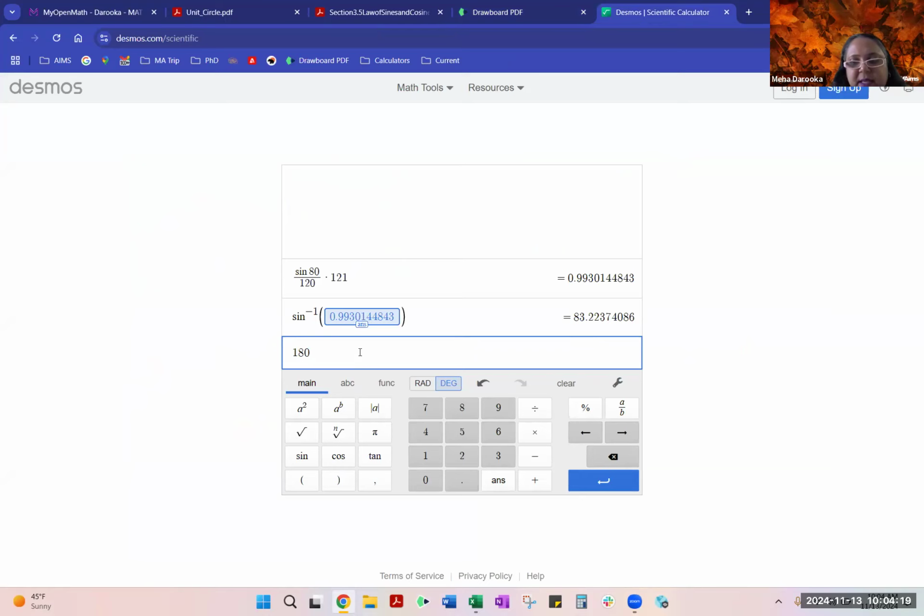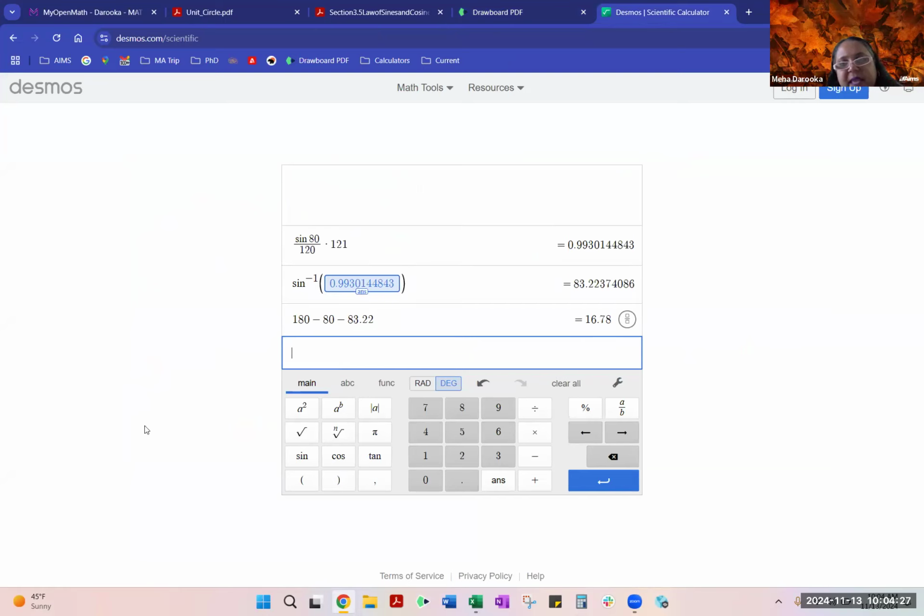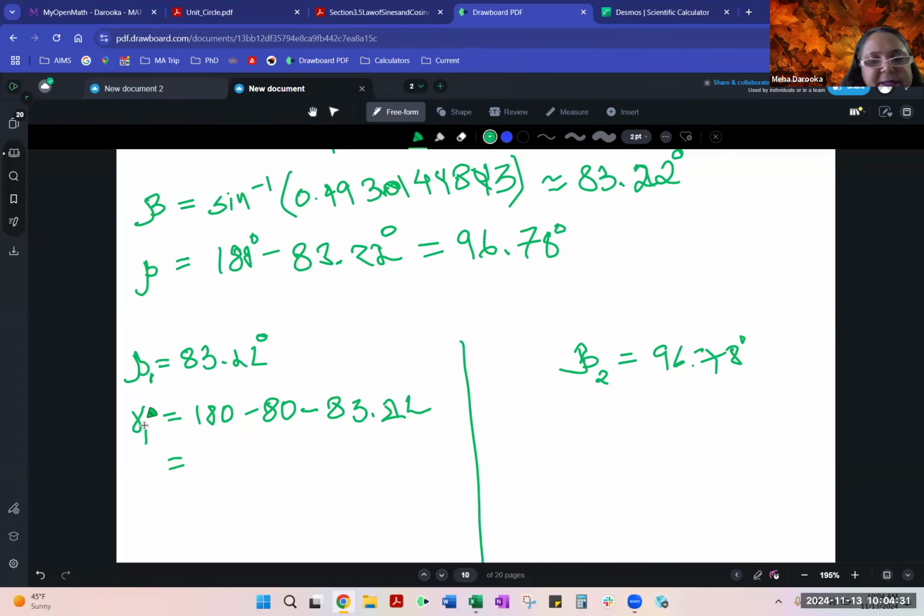So we had 180 minus 80, which is of course 100, and then subtract 83.22 from that. And you can see the gamma 1 angle is coming out to be 16.78. And this will of course also be in degrees. Okay, so this is for gamma 1.